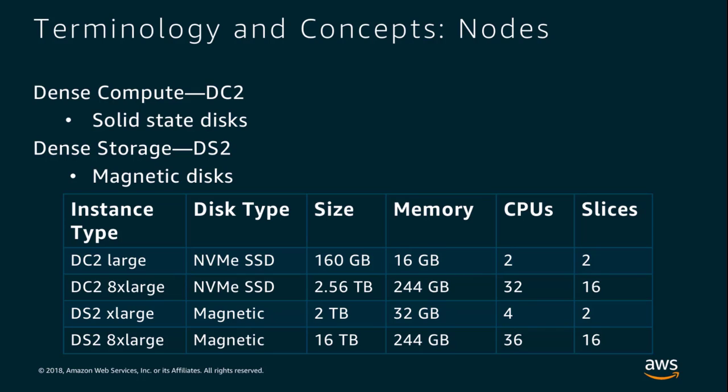Then we have a smaller version and a larger version of each of those. And that's why there's a difference in slices. If you look on the far right of the table, you'll see that, for example, the DC2 large is comprised of 2 slices, and the DC2 8X large is comprised of 16 slices. So that's so that we can get parallelism as the node size increases.